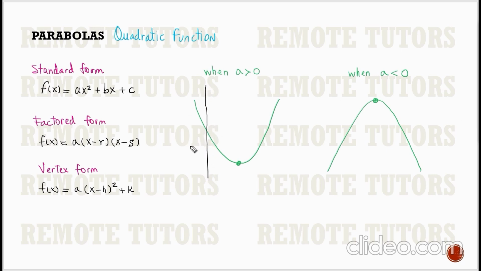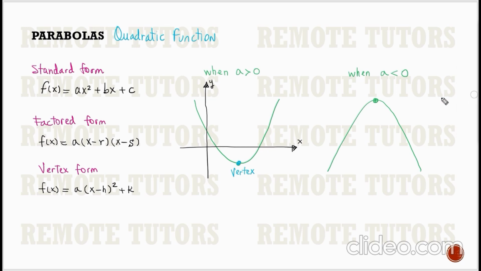Now, if we plot this on the xy coordinate plane, the minimum point here is known as the vertex. The vertex is just like the midpoint of the parabola.